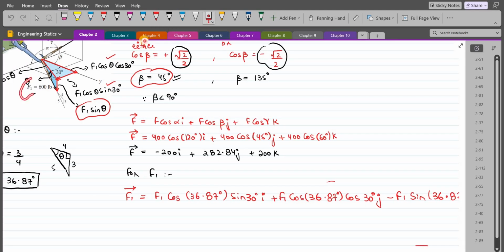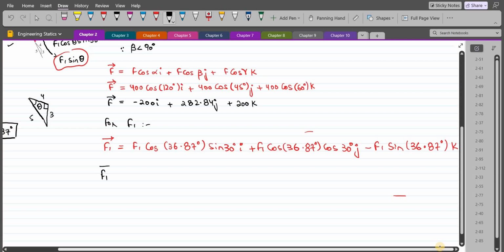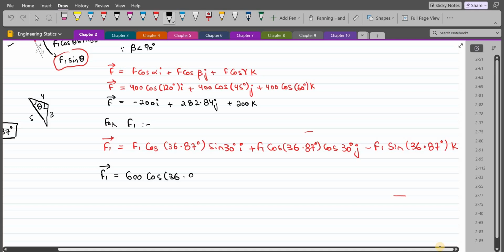Since the magnitude of F1 force is 600 lbs, if we substitute the values, we would have 600 into cos 36.87 into sine 30 i, plus 600 into cos 36.87 into cos 30 j, minus 600 into sine 36.87 k.